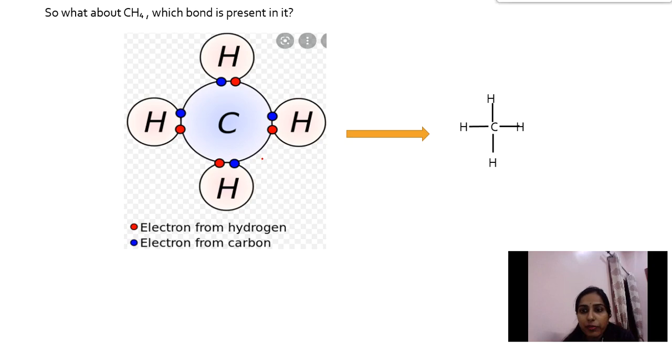Already we have discussed this compound, that the bond present in methane is a covalent compound. And what kind of covalent bond is present between the carbon and the hydrogen atoms? It is a single bond.